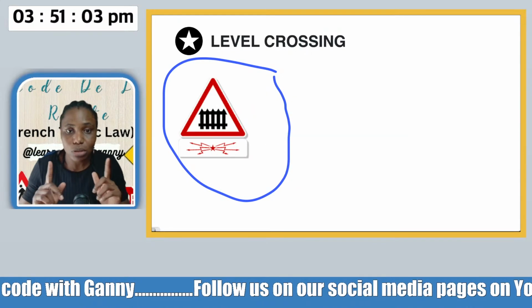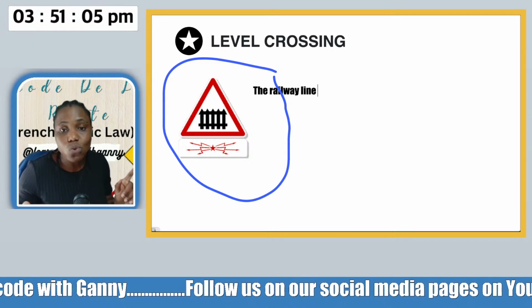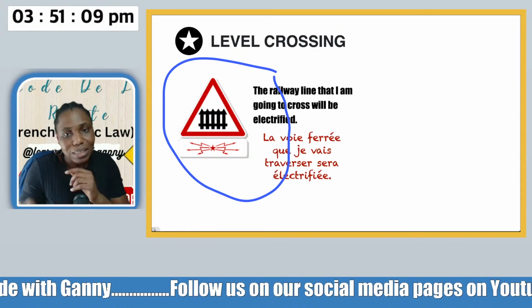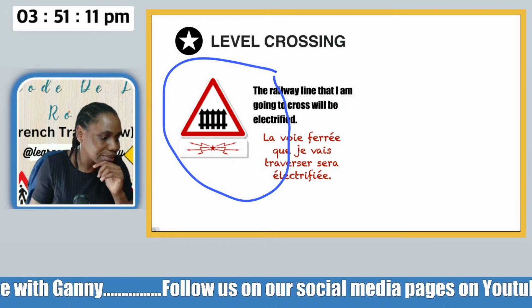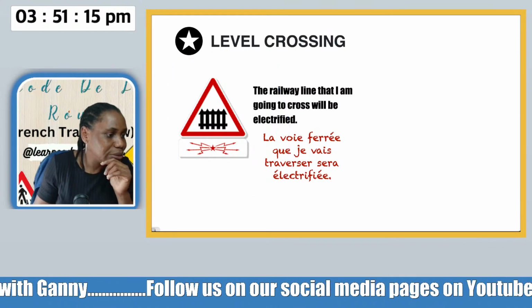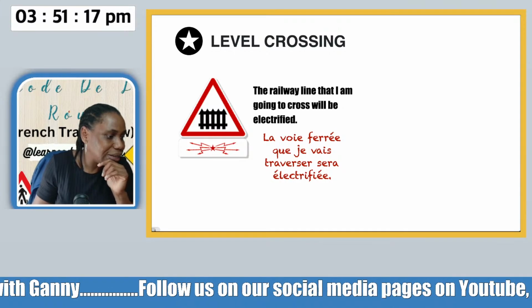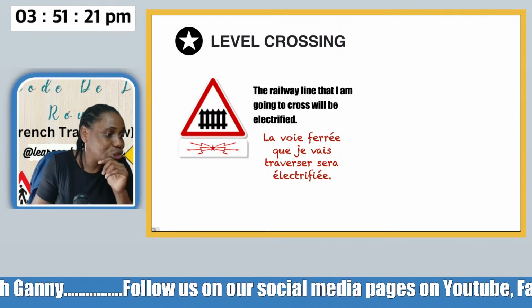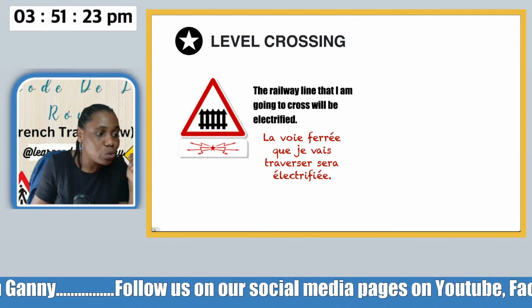The next one is talking about the railway line that you are going to cross being electrified. That is the meaning of this one, the one down there. I want to circle it. I love to circle it because I love to teach step by step so that we are able to understand.